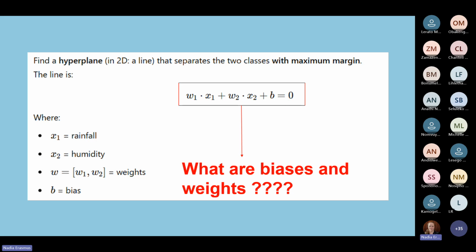We're going to look at the weight of the humidity and the weight of the rainfall. And then we also have a bias, so this calculation has a bias already as well. We're going to add the bias and set it equal to 0. So we can also calculate the bias if we are given the weight and the x values.